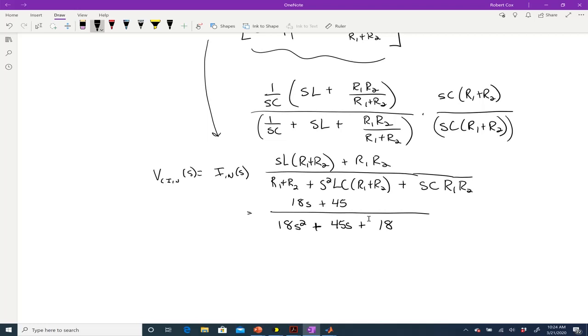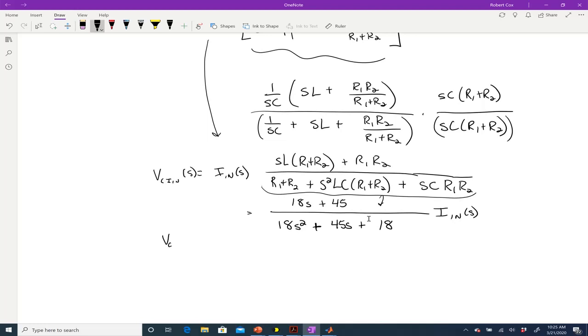Okay. All right. So that is the first transfer function. I guess what I should be clear is, this is times In of S, right? This here is just that expression.